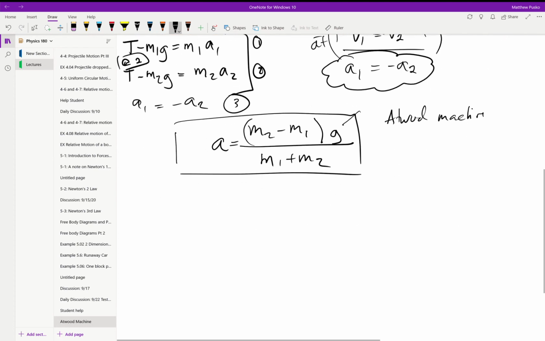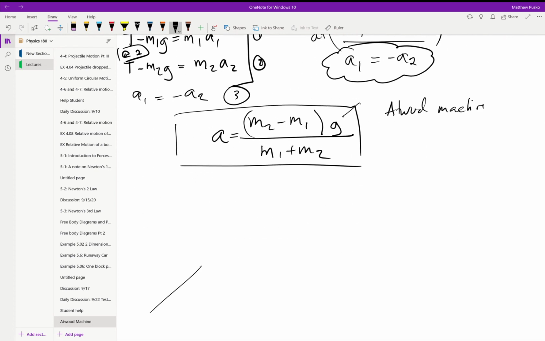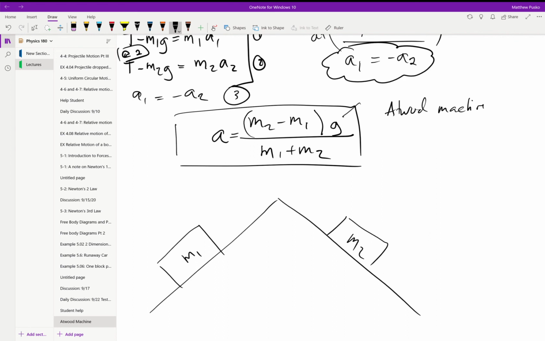Now the datum would still also work if we had a problem like this, where maybe we had a mass and another mass and a pulley like this connecting the two. I would draw my datum here and make it a different color.